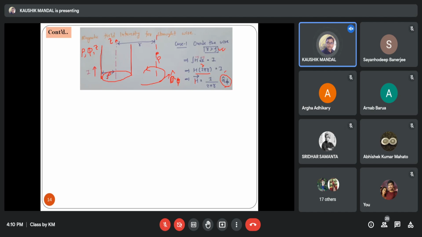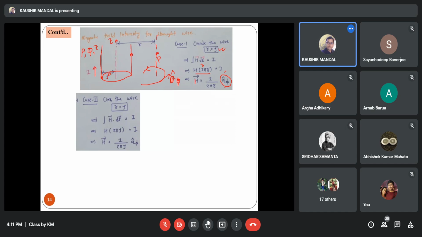Next, we will consider another situation, that is r equal to rho. That means now the test point is at this point. This is the second test point, where now this is your r.